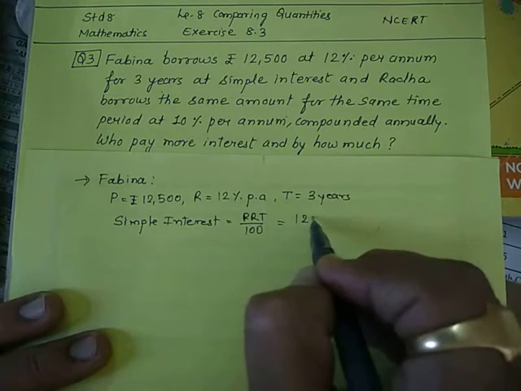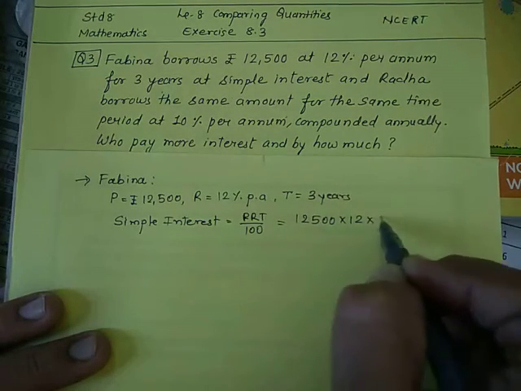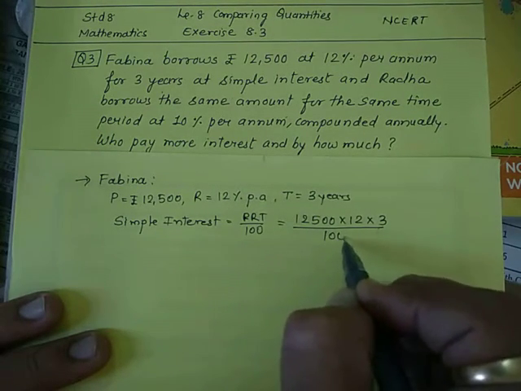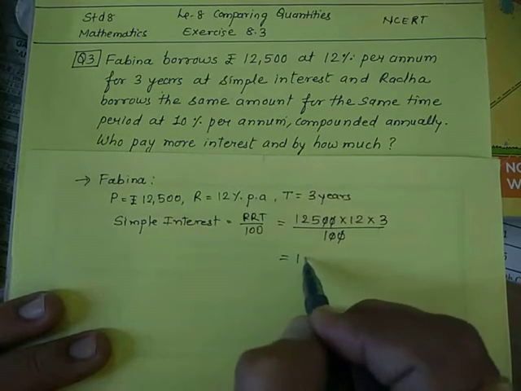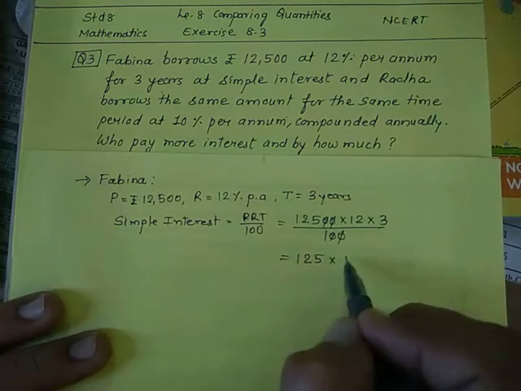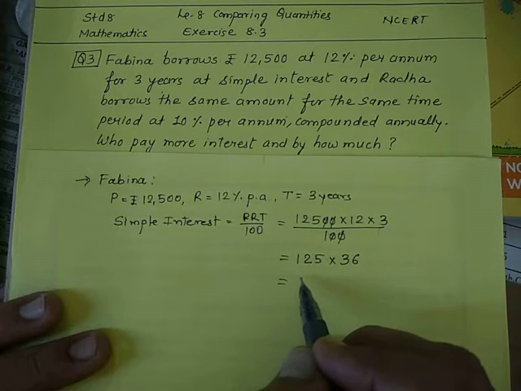So 12,500 by 12, 3 years upon 100. The zeros get cancelled, so we will get 125 into 12, threes are 36.